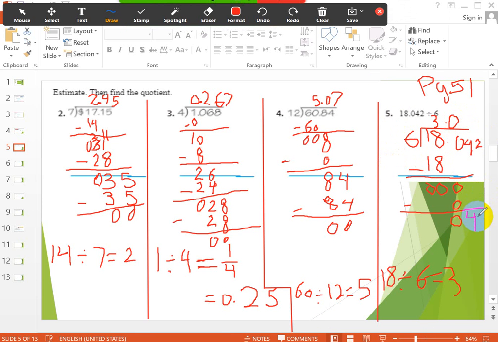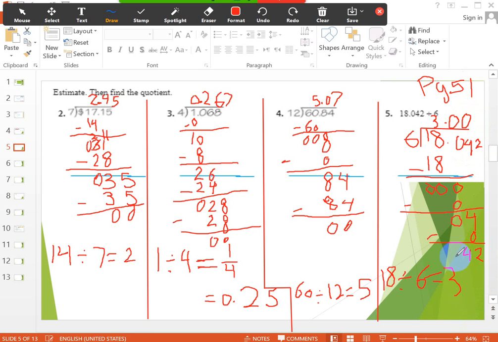So I will put another 0 in the hundredths. Now 0 multiplied by 6 equals 0. And then I will subtract. So the answer will be 4. What I have to do is take the 2. Yes, Farah, your answer is correct.